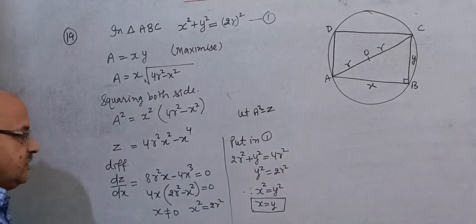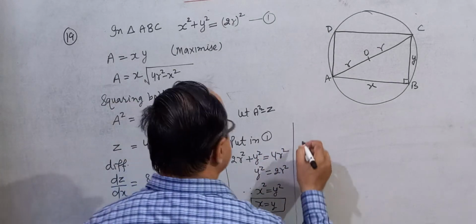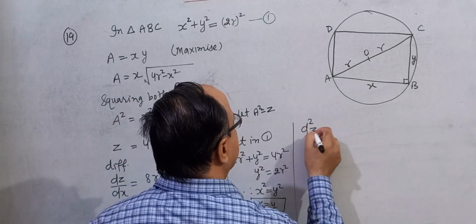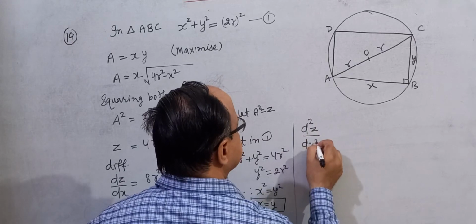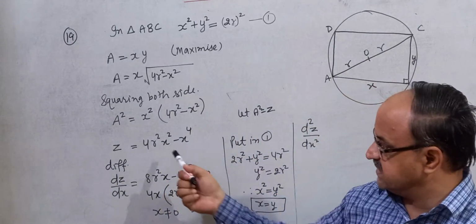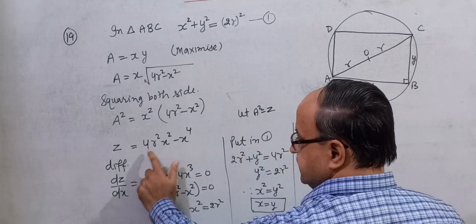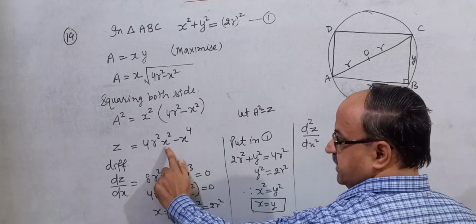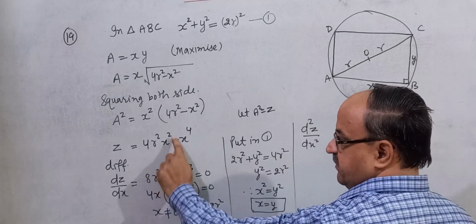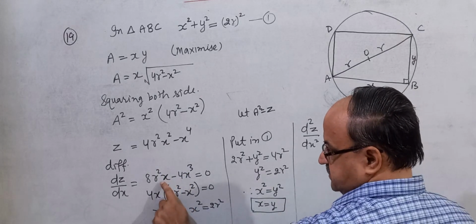Now find the second order derivative, d square z upon dx square, of this. 4r square is the coefficient. Now tell me the derivative of x square, this portion.